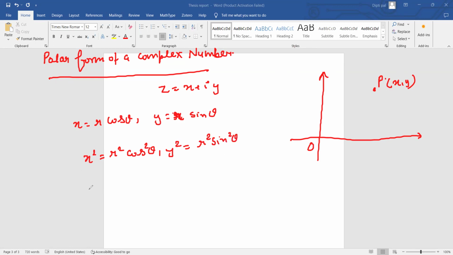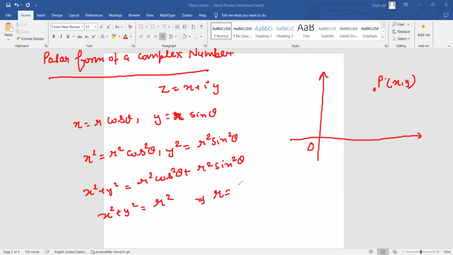Adding, x square plus y square equals r square. So r equals square root of x square plus y square.